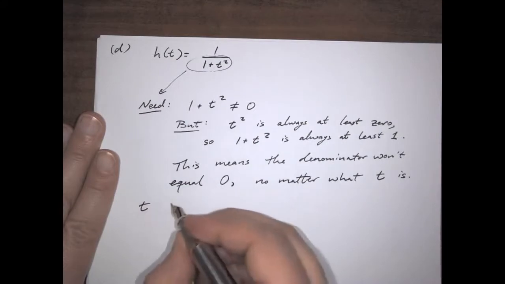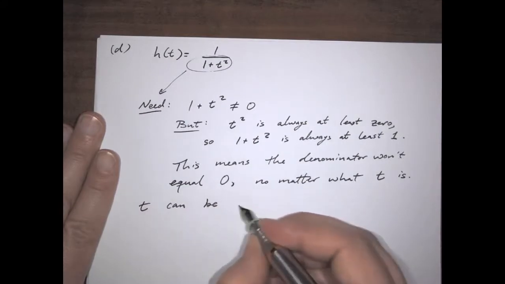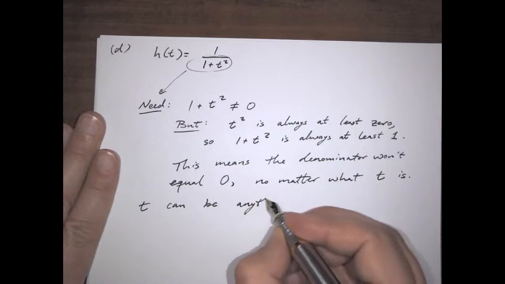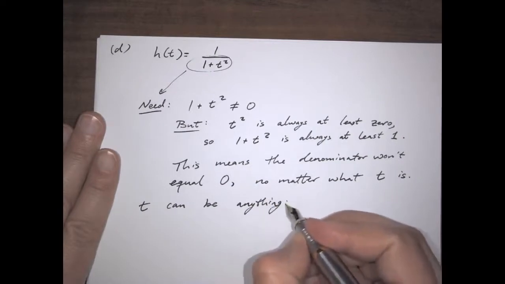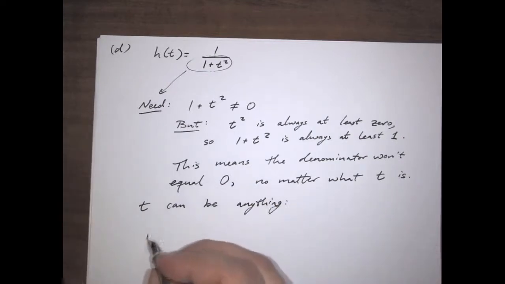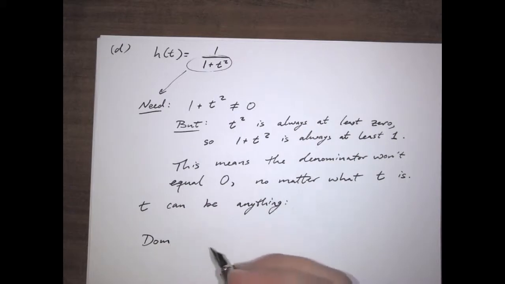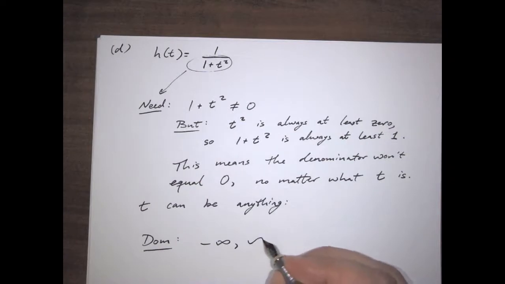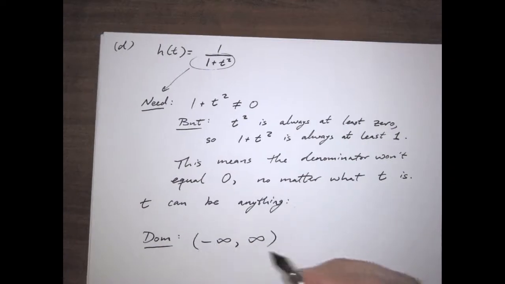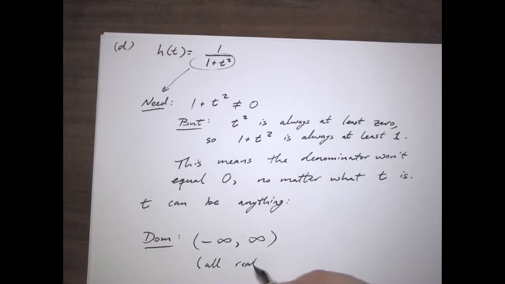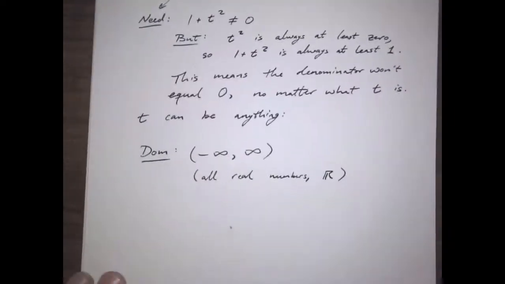So t can be anything. Which means that for the domain, we've got everything from negative infinity to infinity. In other words, all real numbers, also written with what's called a blackboard bold R.